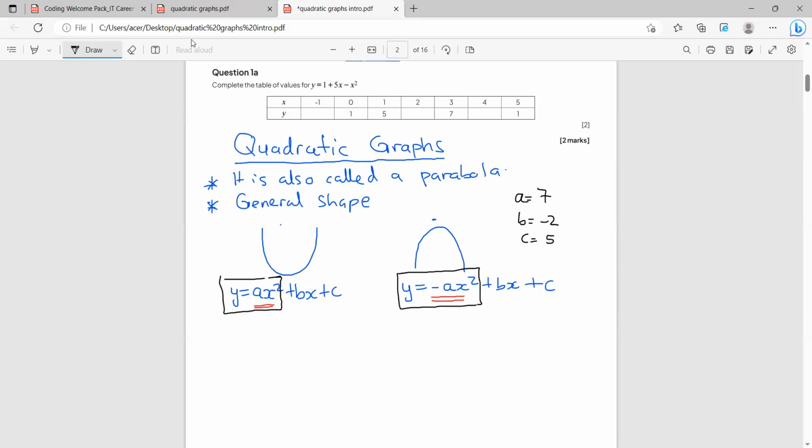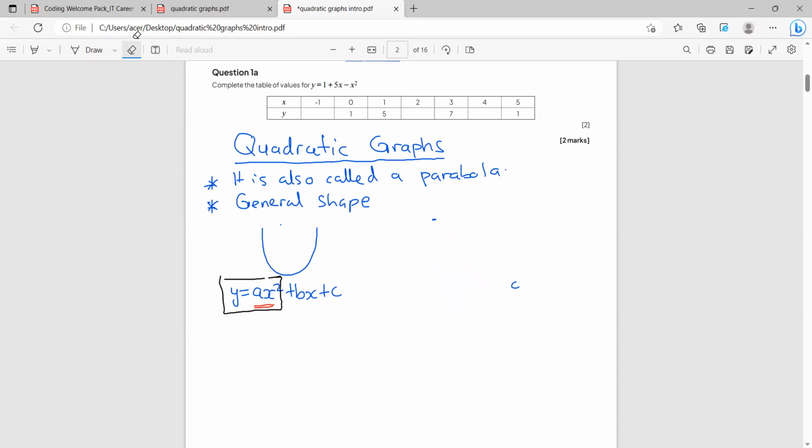All right. So now the next thing that we need to establish is for you to draw any graph in IGCSE maths, you will need to draw a table of values. So step 2, we're going to be looking at the table of values.